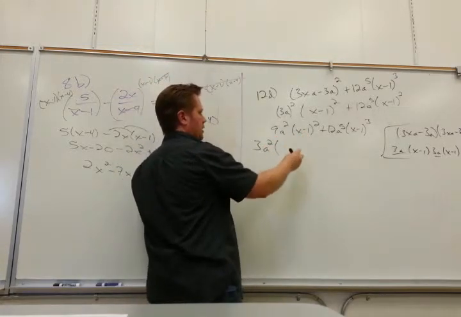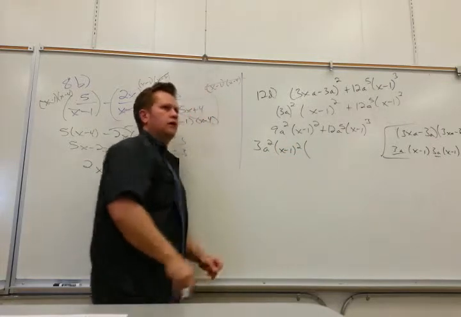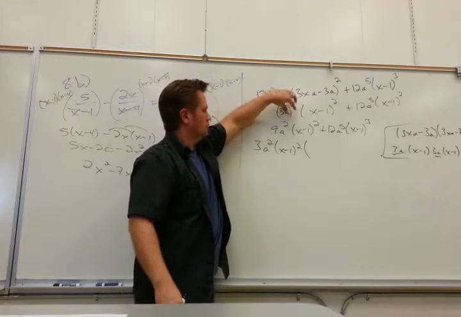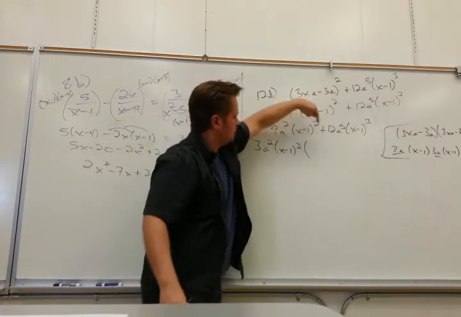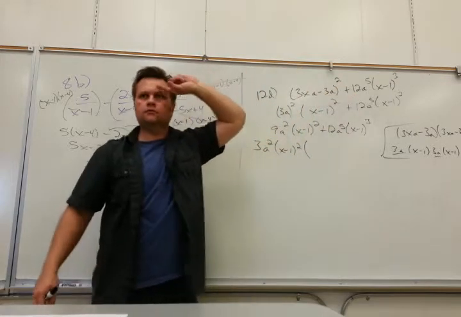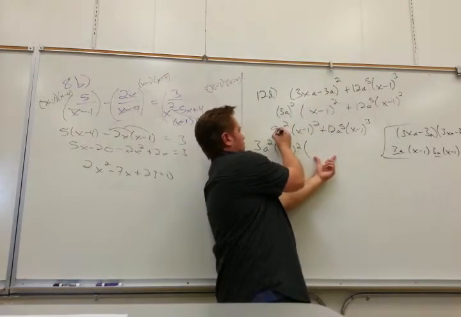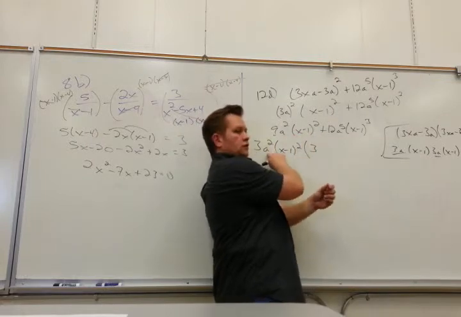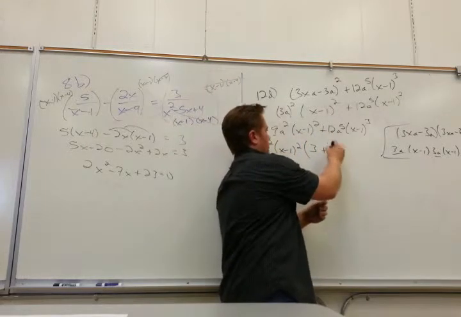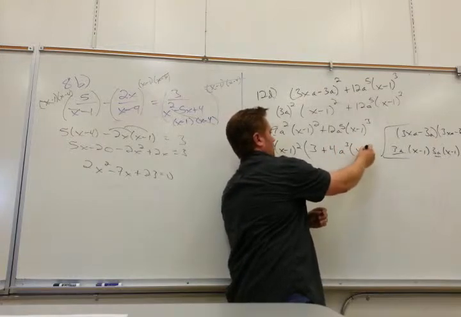How many x minus 1's come out? 2. And I just write what's left in each term. So I can take 3 out of both of these, 2 a's out of these, and 2 x minus 1's out of those. Now I just write what's left when I take all that stuff out. So 3 is going to be left here, plus 4a cubed x minus 1.